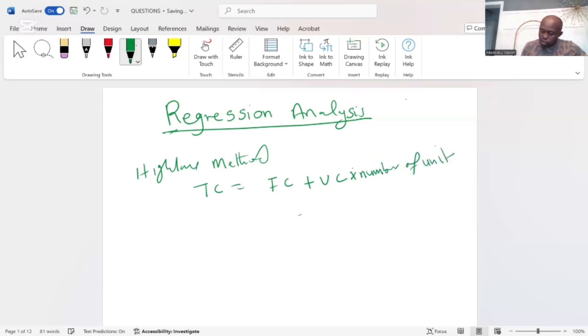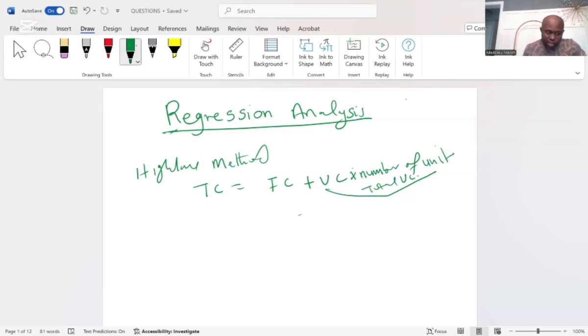This will give us the total variable cost. So this is how we used to get our variable cost and total cost in the high-low method.